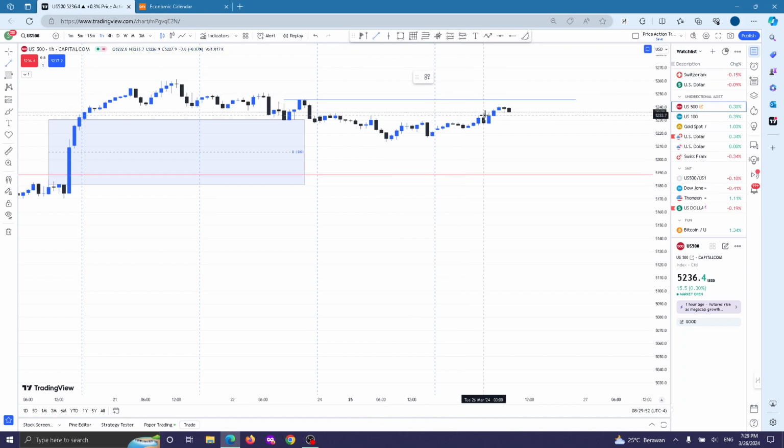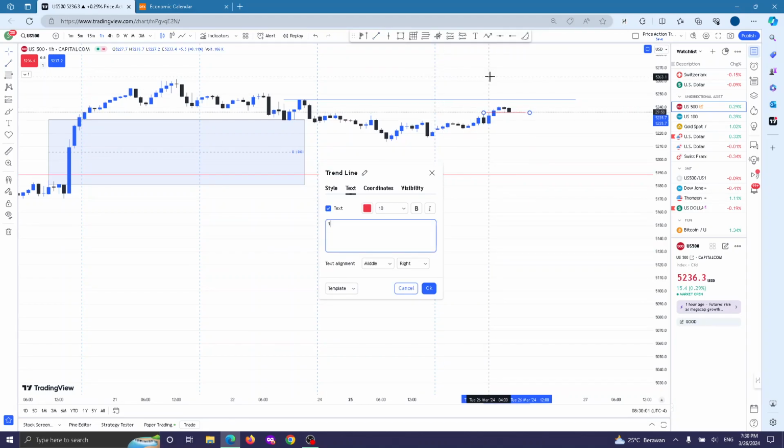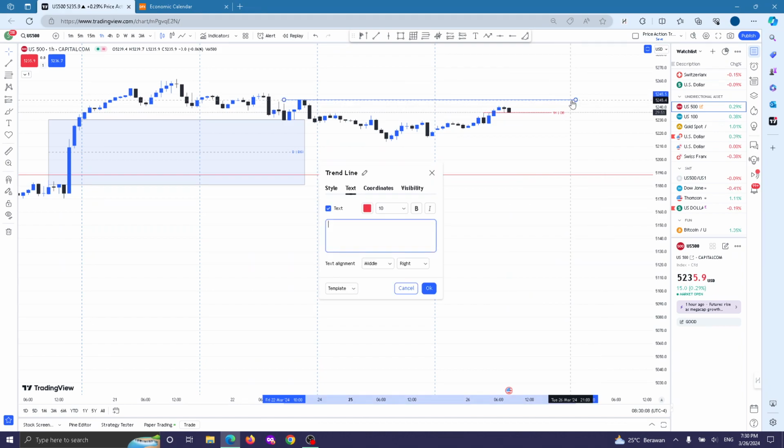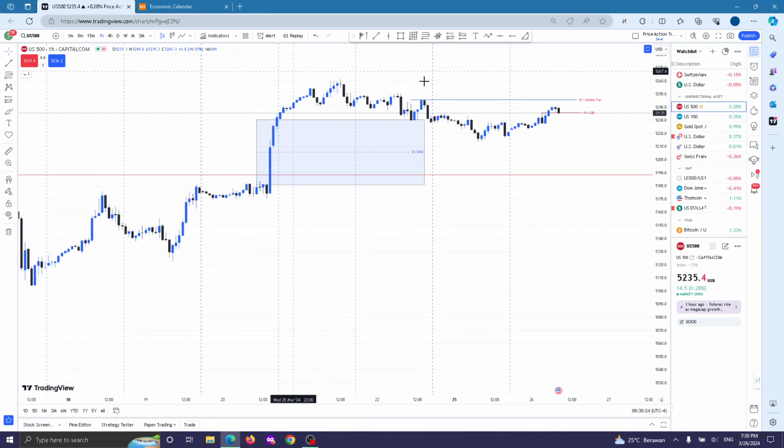This is order block. This one. Double top. So many resting liquidity.